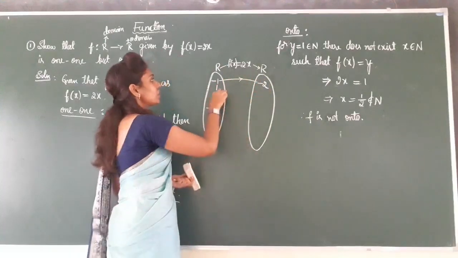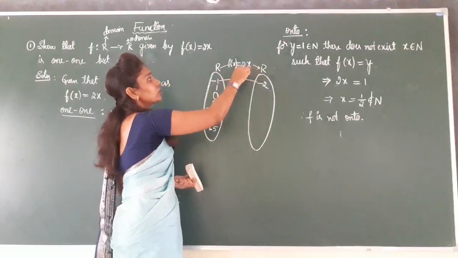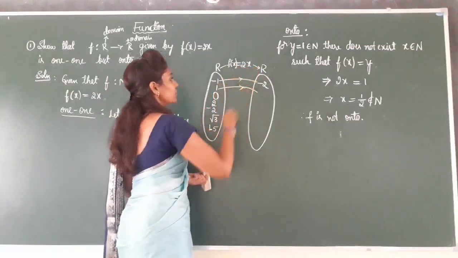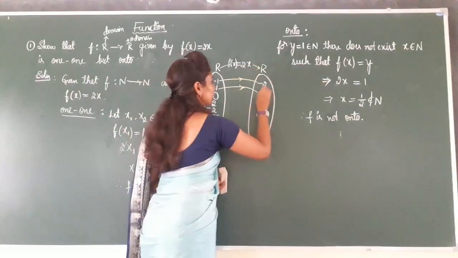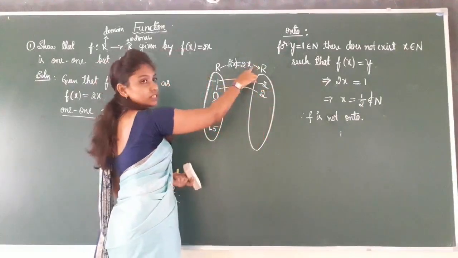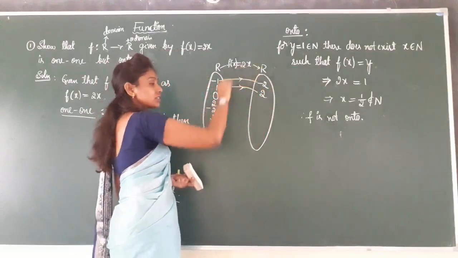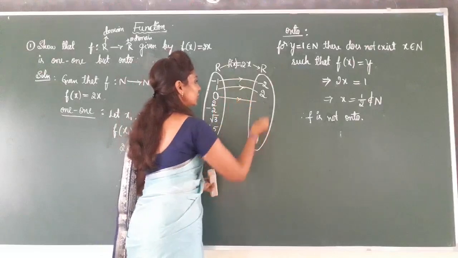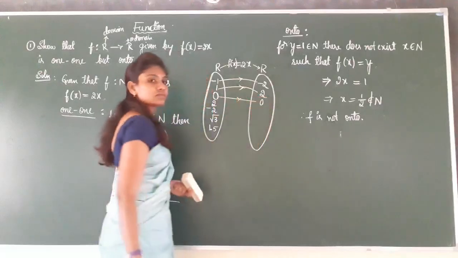Okay. So plus 1, we substitute here. 2 into 1 is 2. So 1 is mapped into the element plus 2. Okay. So 0. If we substitute 0 here, 2 into 0 is 0. 0 is mapped into 0 only. Okay.